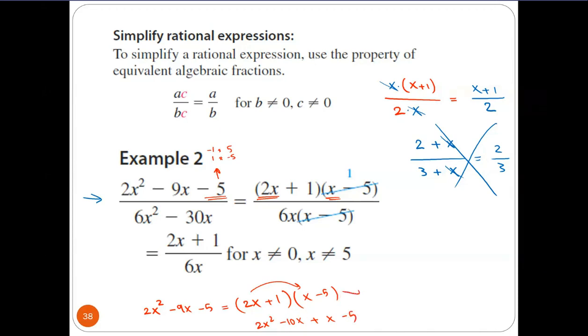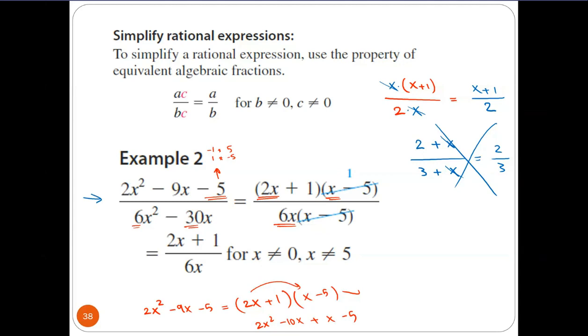So this is correct. In the denominators, we can take 6 as common factor and x to the power 1. X to the power 1, this is the least exponent. So we can take 6x as greatest common factor.